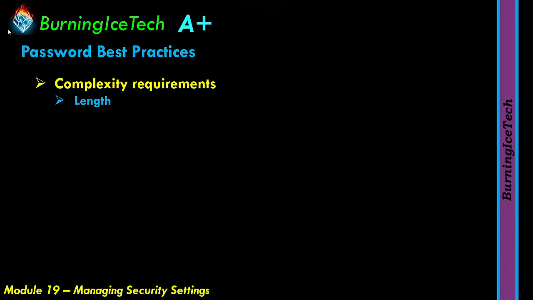The more characters it is, the longer it takes to crack it if somebody were to try and crack it. Other things we talk about when we say complexity requirements is the variation of characters. Instead of just using actual words, you need to mix your characters, folks. It needs to be uppercase, lowercase, numbers and symbols. The more you mix, the better. The longer your password is, the better.